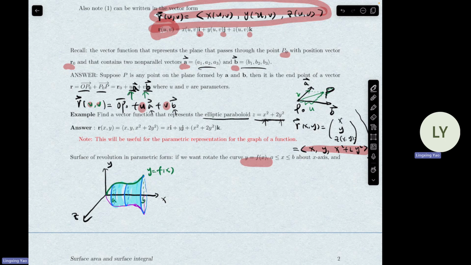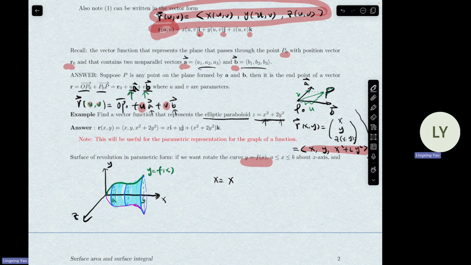Well, here, what we can think of is that for any point on this surface, x could serve as a parameter, all right? And then we can see if we jump on top of this x-axis and look down, what do we have? We'll have a circle.